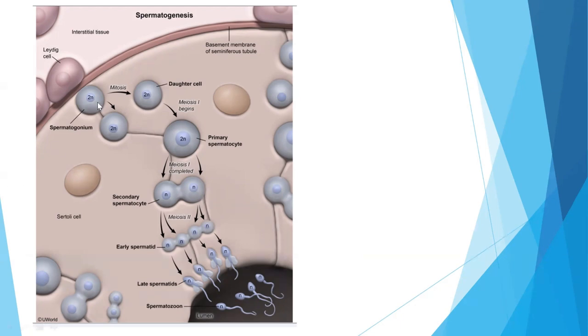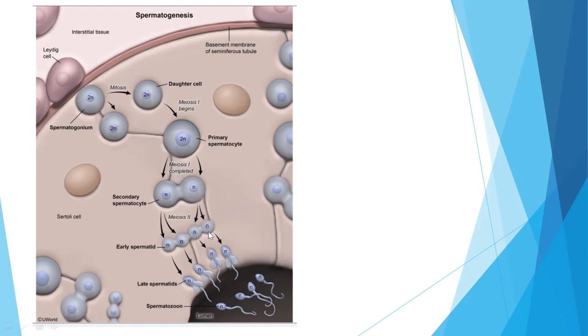The spermatogonium undergoes mitosis to form daughter cells, and then meiosis 1 begins and forms a primary spermatocyte. When there is meiosis 1 completion, there will be a haploid group of chromosomes in cells, which is called a secondary spermatocyte. Then again, there will be division of these cells to form early spermatids.